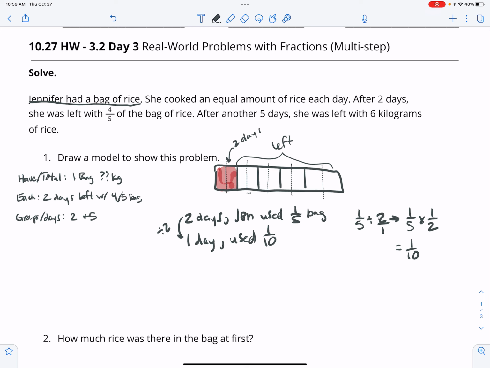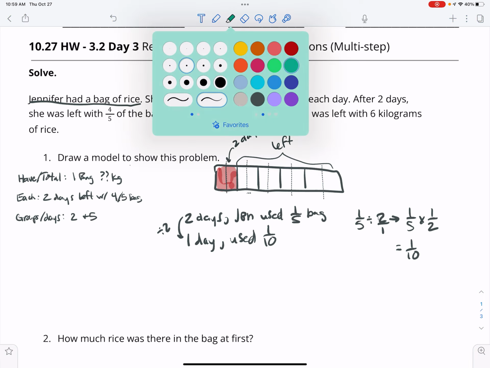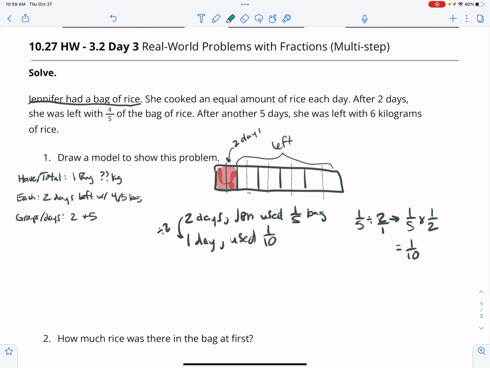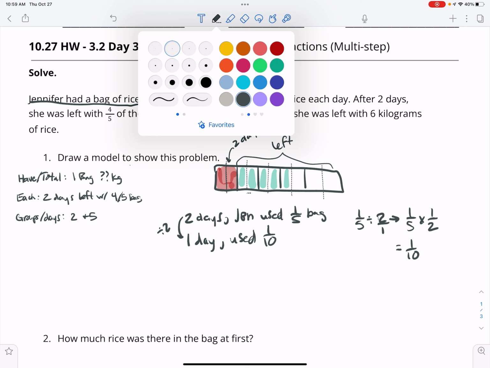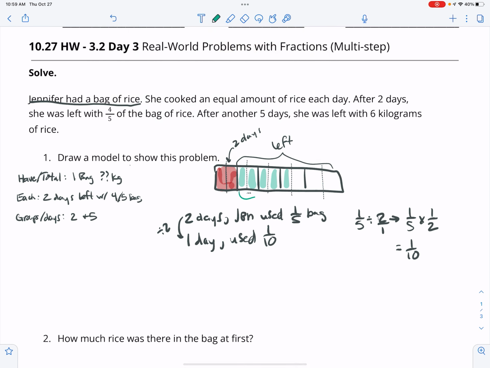Like that. Okay. So now all we have to do is shade in with a different color for the 5 days. So here's 1 day, 2 days, 3 days, 4 days, 5 days, right there. And I'll write that with that color so I can show this. Here's 5 days.